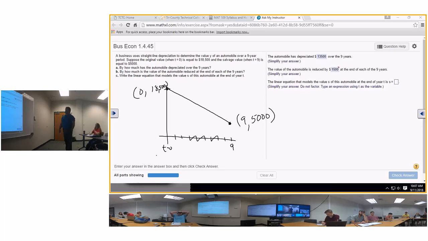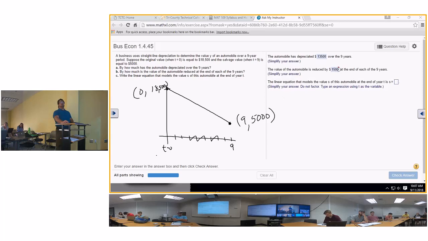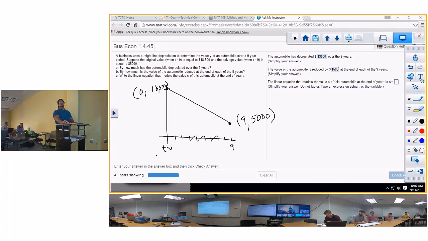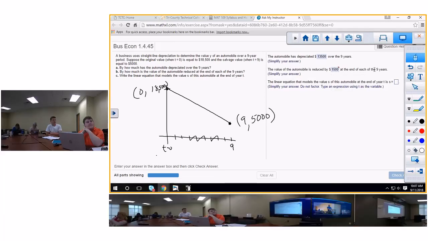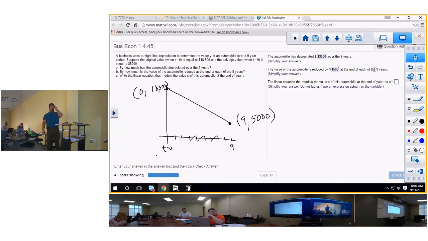I think they're asking for the slope there, but I'm not sure. Looks like to me they're asking for the slope. So take the 13.5, which is your change in y, and divide by 9. What do you get? That ain't going to be it. I was thinking they were going to ask for the slope.